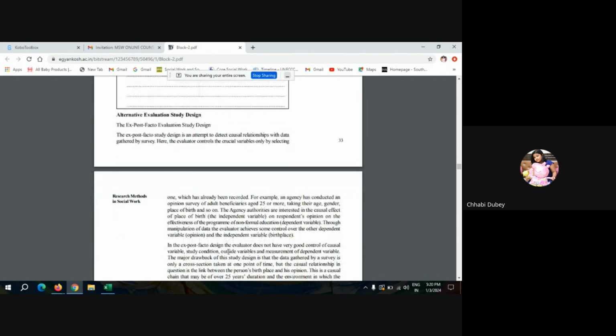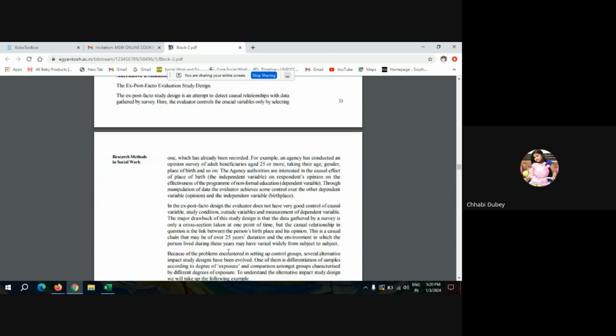Now, in the ex post facto design, the evaluator does not have very good control of the causal variable. He or she also does not have good control over the study conditions or outside variables and measurement of the dependent variable. The major drawback of this study is that generally the data gathered by a survey is only a cross section taken at one point of time. But the causal relationship in question is the link between the person's birthplace and his opinion.